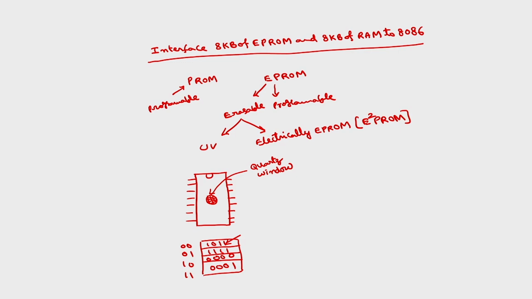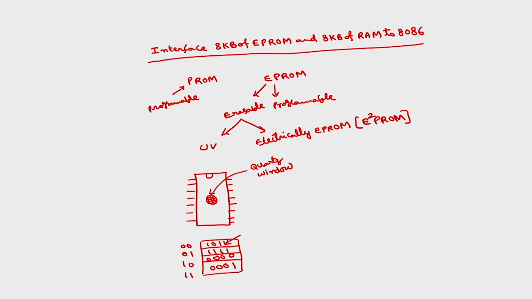Here it is possible to erase a single bit, a single location, or the entire memory. Here you can program accordingly, depending upon our requirement. So this E square PROM is one of the popularly used read only memories for many applications. So, here I am using this EPROM, which by default is an E square PROM.